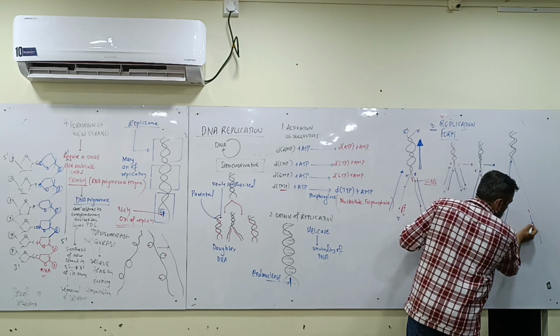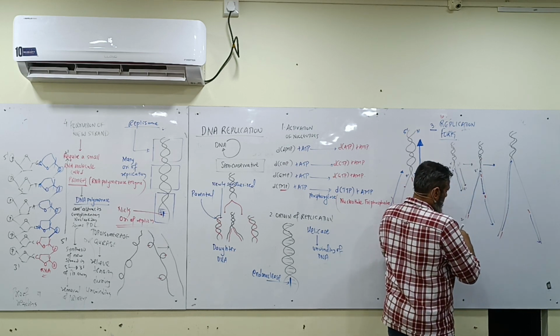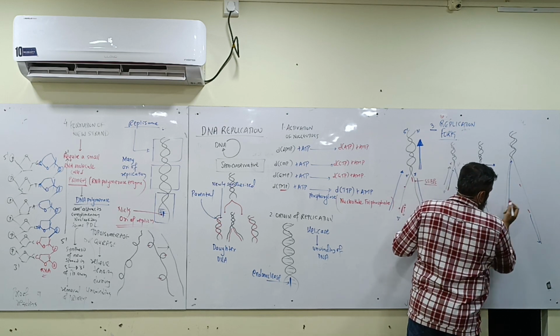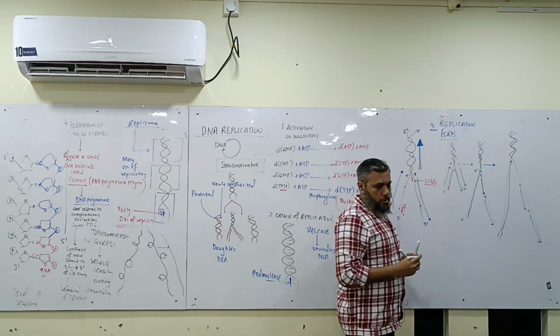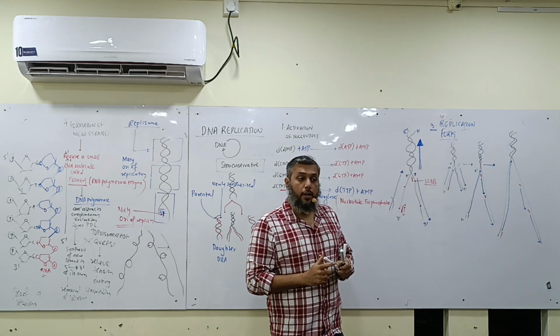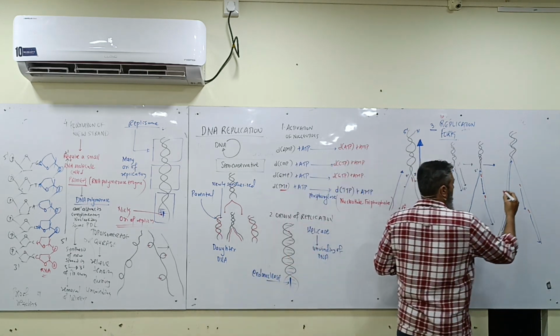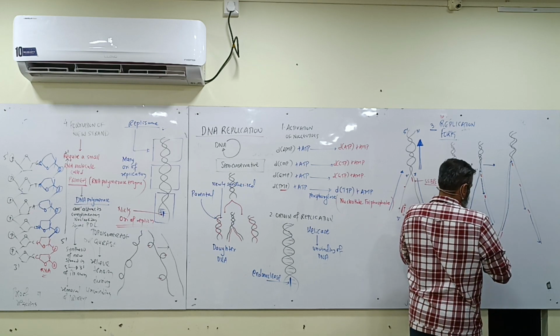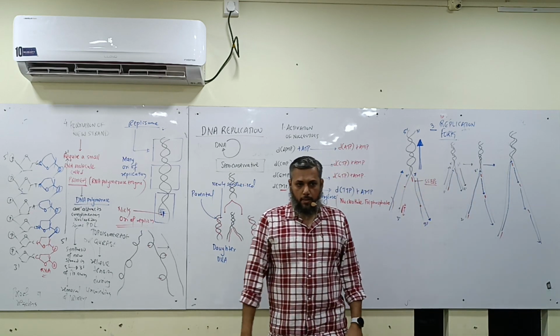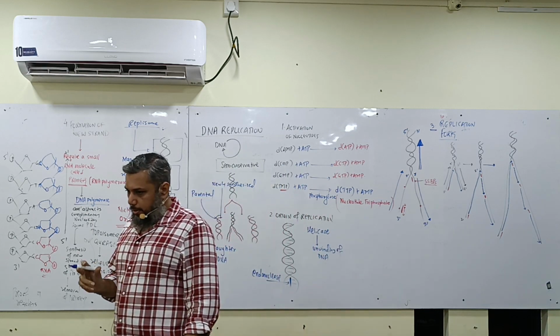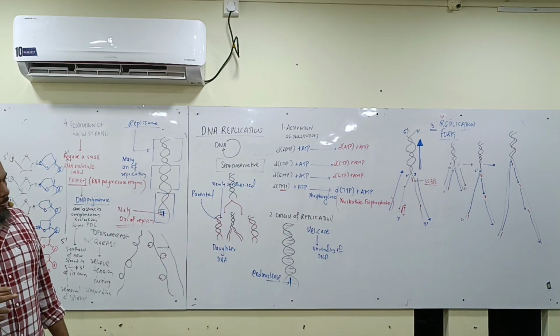Who is this? One primer. It will produce a strand. Now there is another one. जो यहाँ था. Now what has to be done, बच्चों? Another primer. And what is this now? समझ में आया concept? Yes or no?